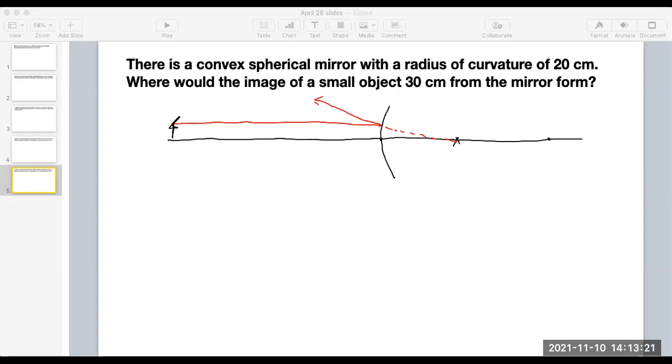If something goes towards the center, it's just going to mirror reflect. It seemed like it came from over there. So we're actually going to end up on the other side and within the focus. Closer?